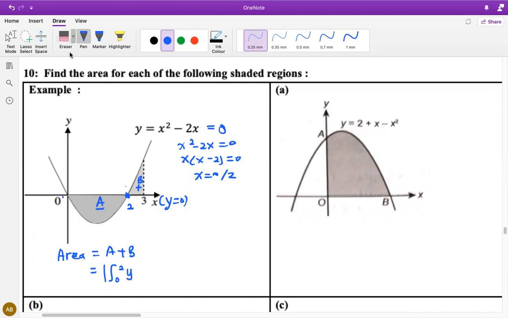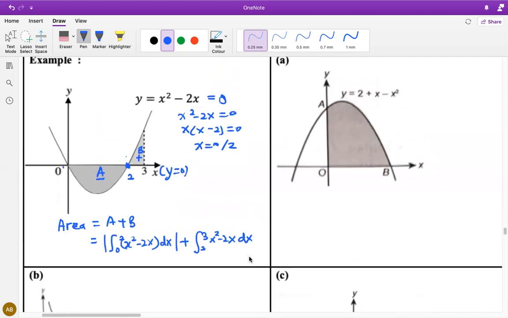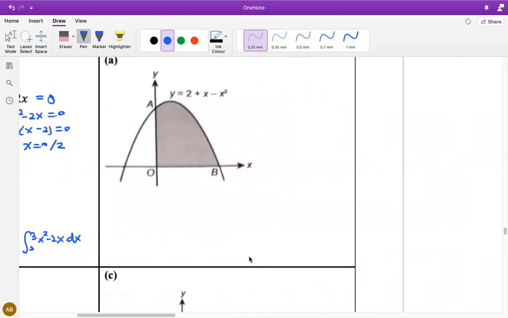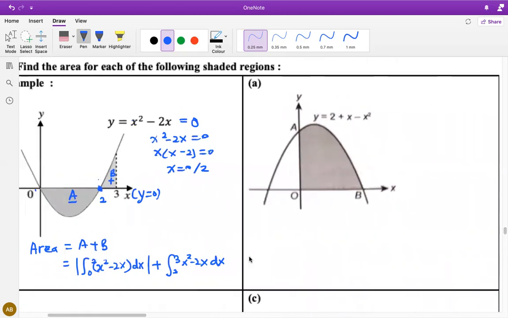I straight away use y dx. So it's x squared minus 2x dx. And then you plus the integral from 2 to 3 of x squared minus 2x dx. Okay, oops, not enough space. So I will do it this part.